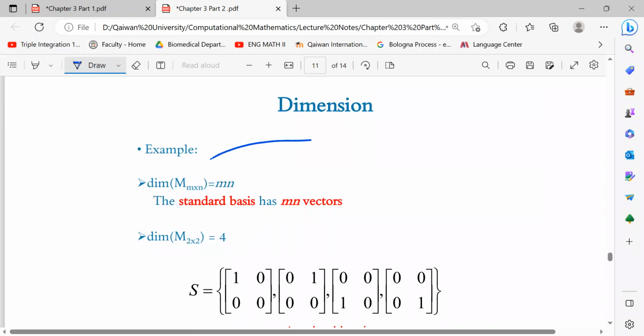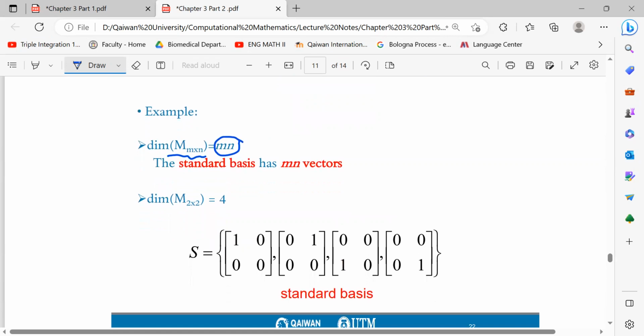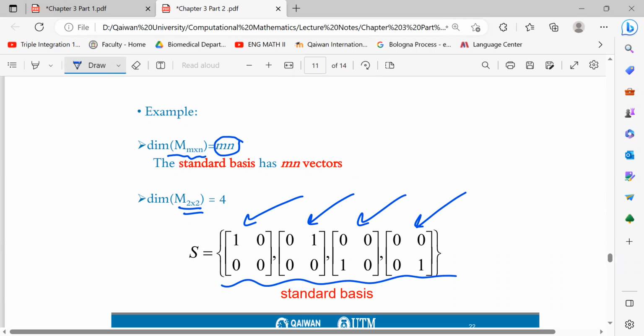The dimension of a matrix space of M by N matrices is M times N. The standard basis of a 2 by 2 matrix has 4 elements. These are the bases for M22.